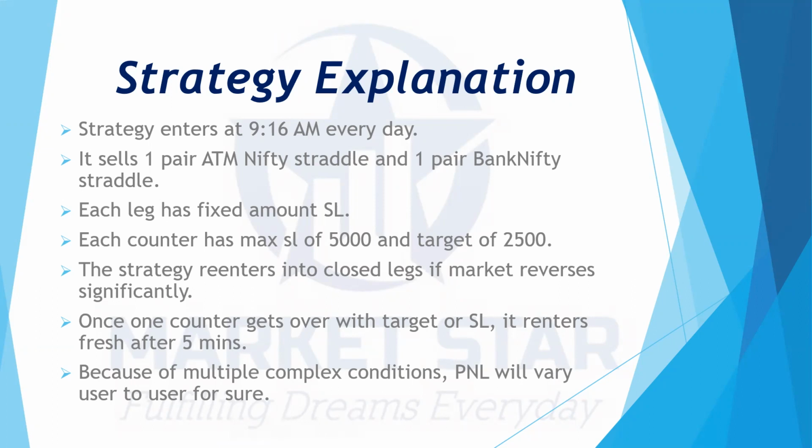So maybe the first person would be entering the second entry and is also getting some profit in it, but the other person is still in the first entry and waiting for the 2500 target. Once his 2500 target happens, then for user B also the second entry will happen.